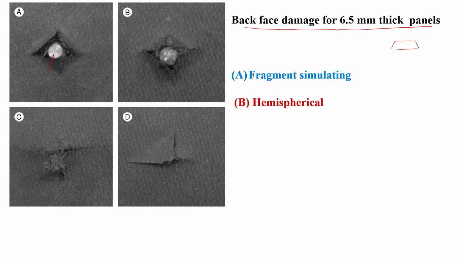And B is the hemispherical. The type of damages are different, and C is the conical damage, and D is the flat projectile. Here you will see that this tearing will be much higher.